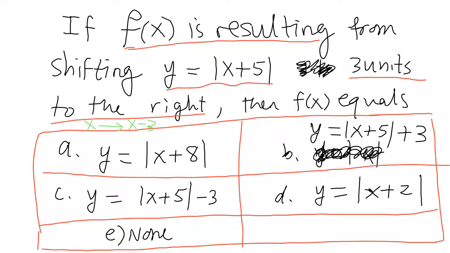So now replace each x with x minus 3. What's the final answer? X minus 3 plus 5 is x plus 2. So the answer is D.